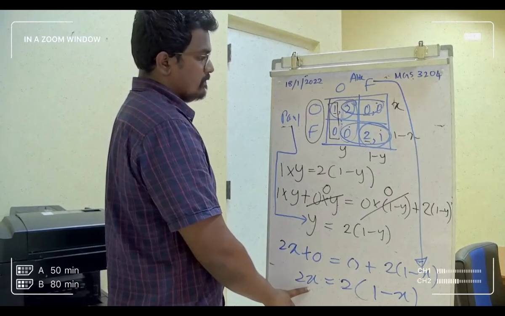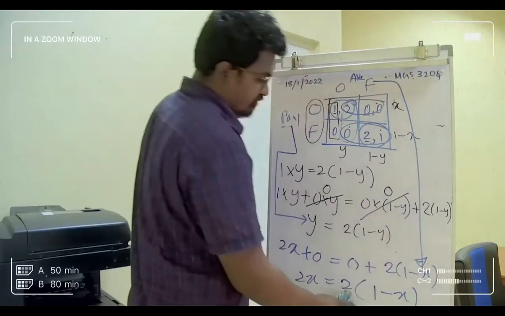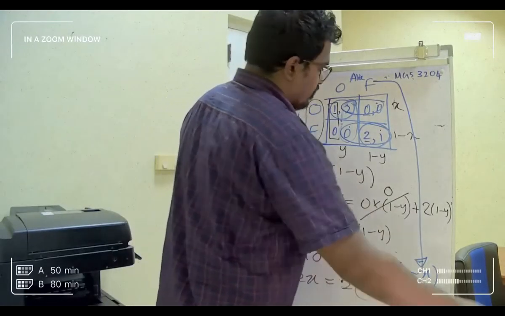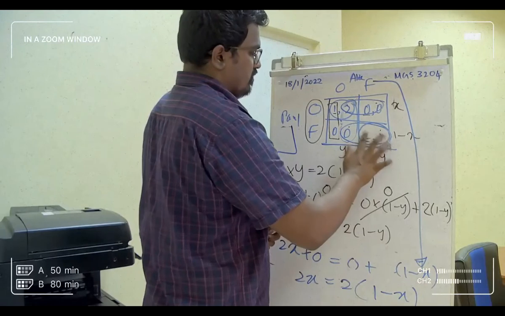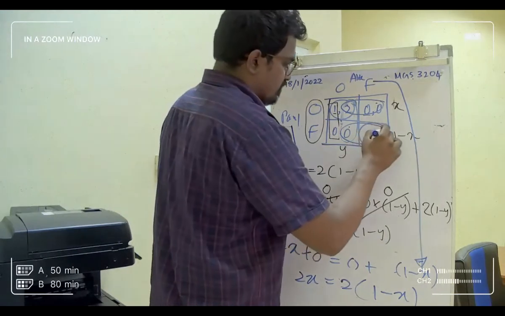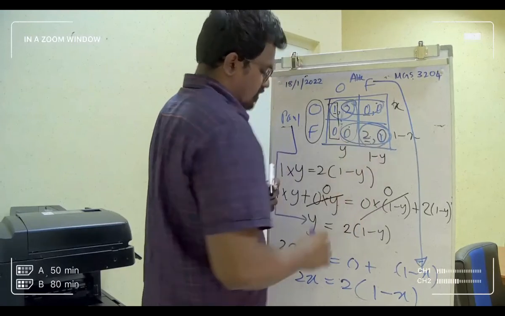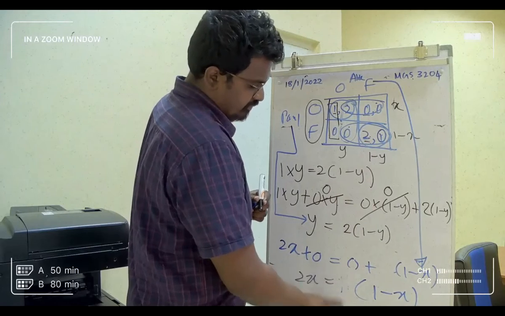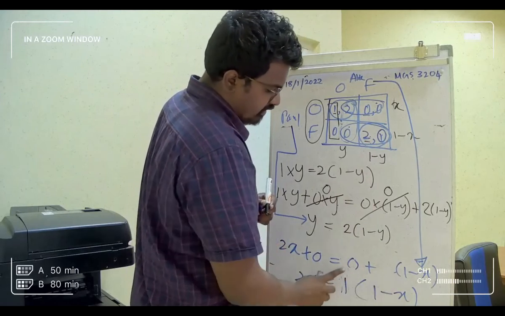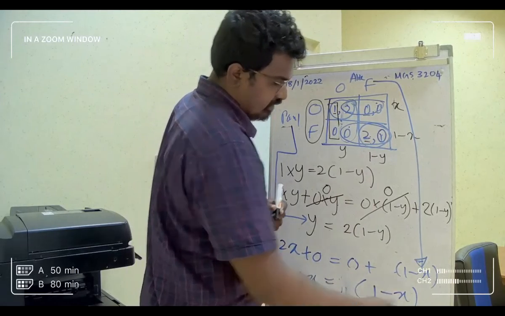When there's a 2 and 0, we can go with the 2. Yes, of course, here it should be one. You see, this one we have to consider, not this one. That is the payoff now, not this one. This should be one: 1 into 1 minus x, and finally it's 1 minus x, right?